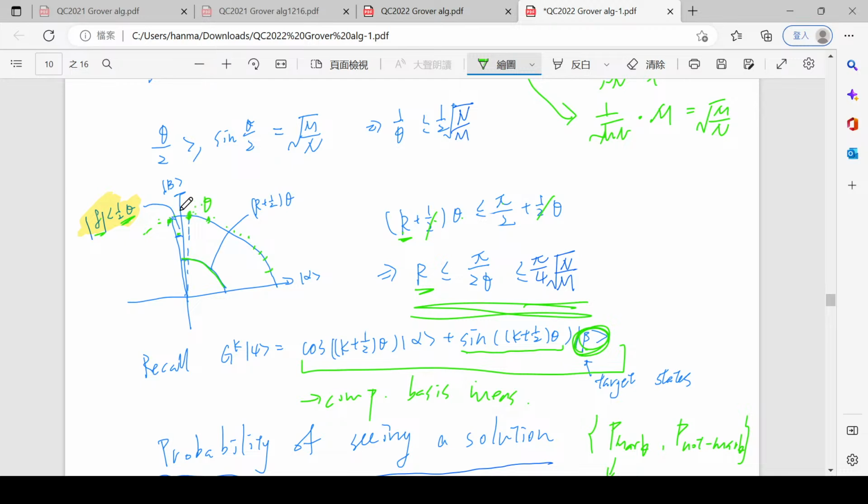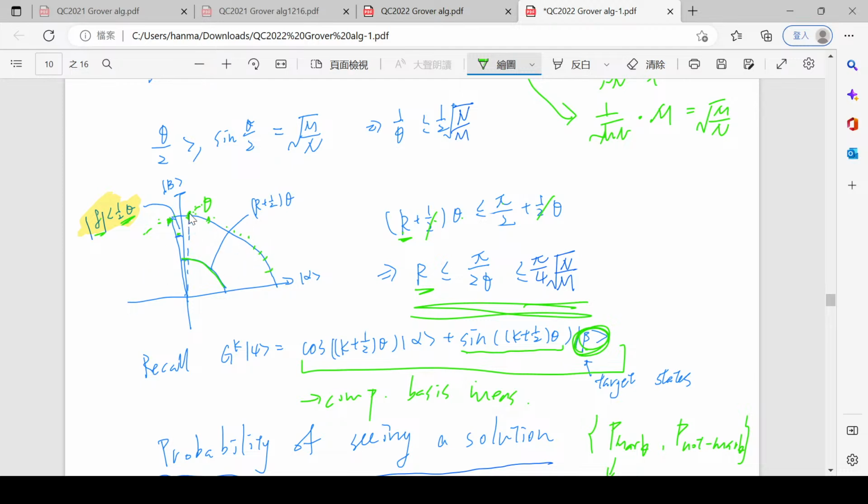So we will stop our Grover iteration at the best possible place. We'll stop at either here or here, depending on where we are closest to pi over 2. But then that requires you know m.